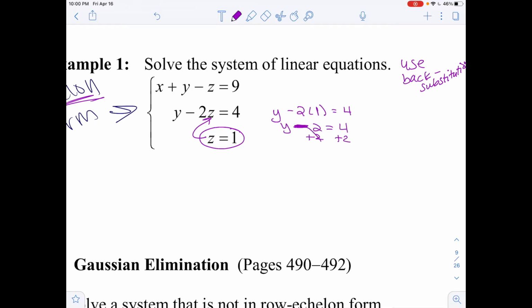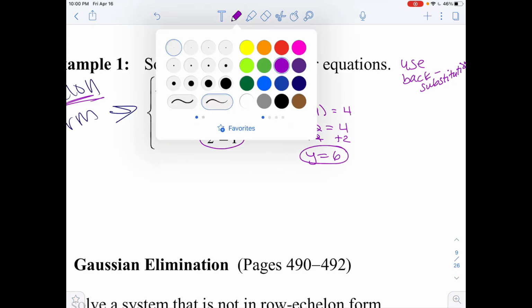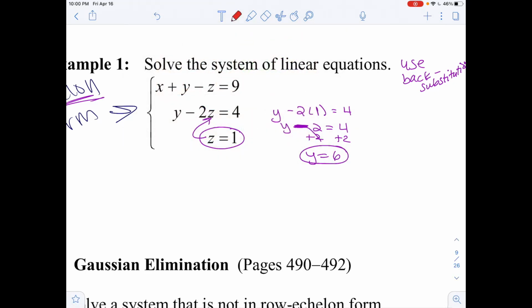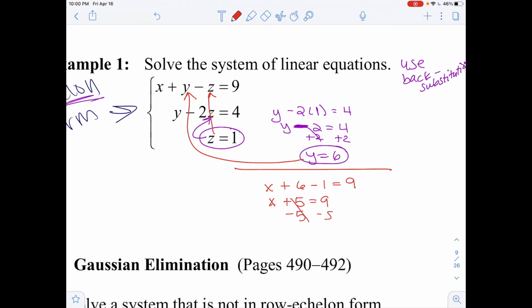Add the 2 to both sides, we get y equals 6, okay? Then we substitute again: x plus y, which is 6, minus z, which is 1, equals 9. We're going to solve for x. x plus 6 minus 1 is just x plus 5. Subtract 5 from both sides, we get x equals 4.